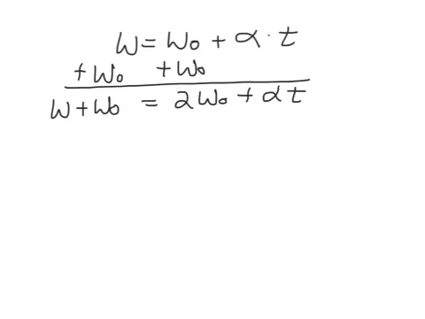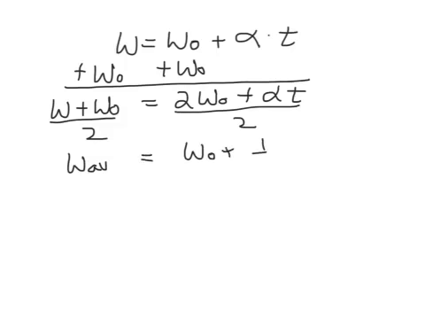And then we're going to divide both sides by 2. And on the left-hand side, this just gives us omega average, right? Because omega plus omega naught divided by 2 is omega average. And on the right-hand side, this gives us omega naught plus 1/2 alpha times time, right?